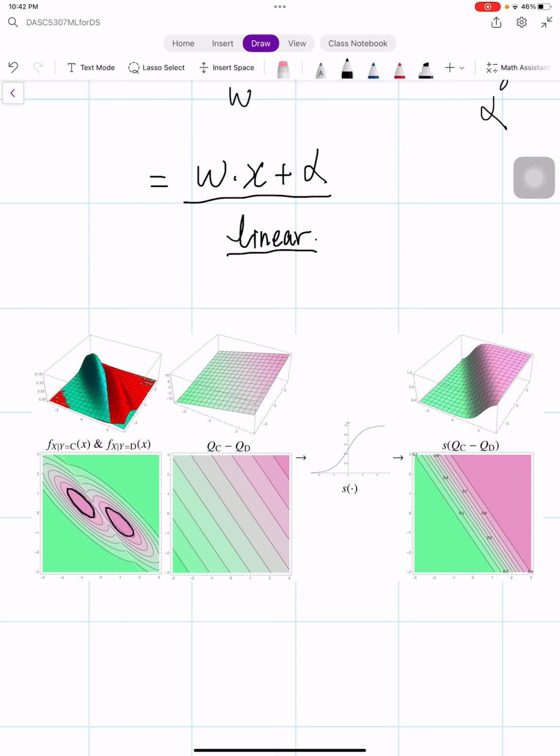In other words, the correlation between the two features x1 and x2 is the same, and the locations are different. This is mu c, this is mu d. The locations could be different, but the shape, the variance covariance matrix, is the same. And therefore we can also see these two contour plots share a decision boundary.